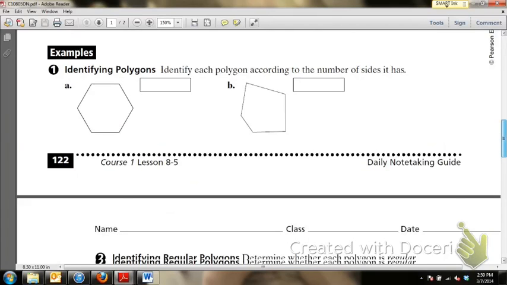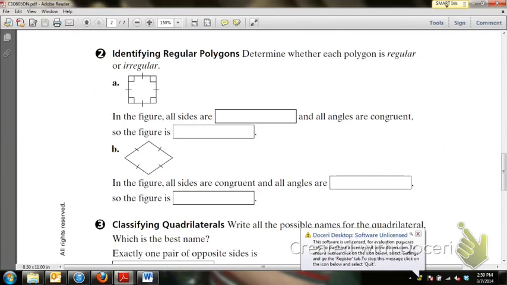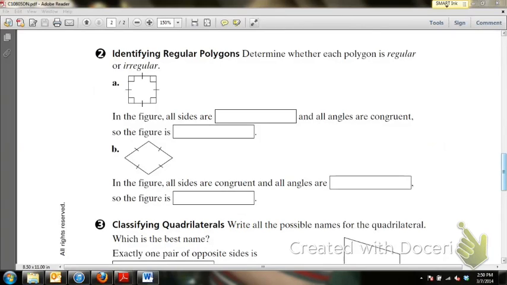Now we're just going to take a look and we're going to see if the polygons are regular or irregular. So in the figure that we're given here, all sides are congruent and all angles are also congruent, so the figure is regular. Everything matches.